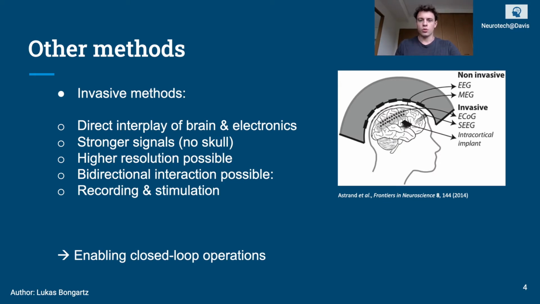Of course, we also get stronger signals as there is no skull in between, and we have the possibility of higher resolutions. And further, quite important point is that invasive methods enable the bidirectional interaction, therefore providing the possibility of recording as well as stimulating neurons. This again allows the performance of so-called closed-loop systems, which we will have a look at now.